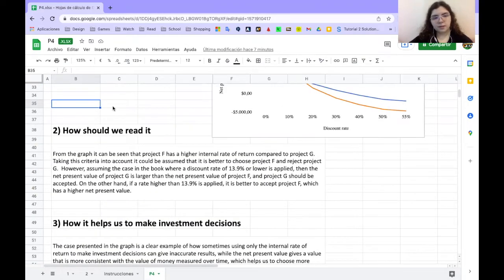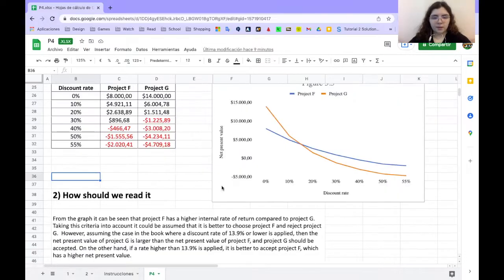And next we are going to answer point 2, that it says how should we read the graphic. And well, from the graph it can be seen that the Project F has a higher internal rate of return compared to Project G, because here you can see the internal rate of return is when the net present value is 0.